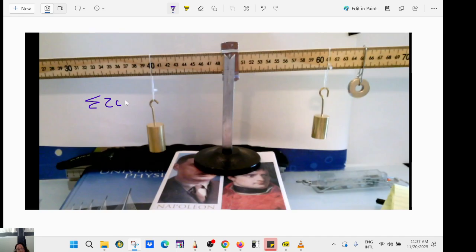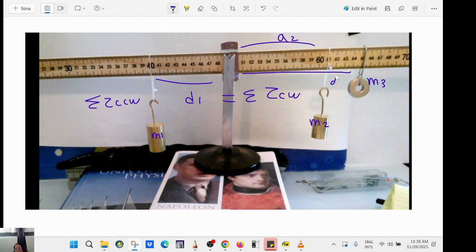So counterclockwise equals the sum of the clockwise. So this is M1 D1, M2 D2, M3 D3. So you're gonna have M1 D1 equals M2 D2 plus M3 D3.